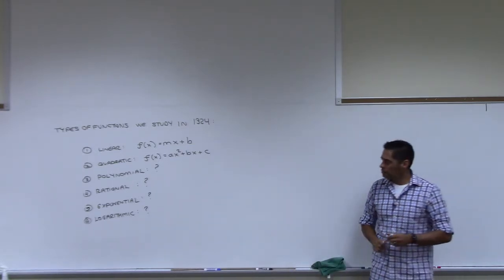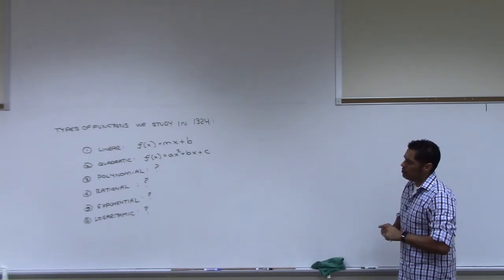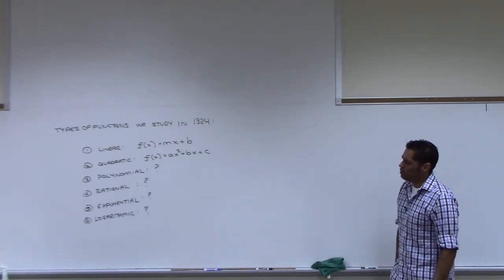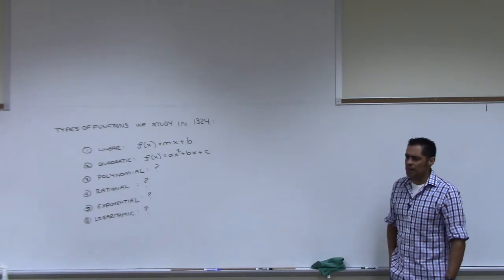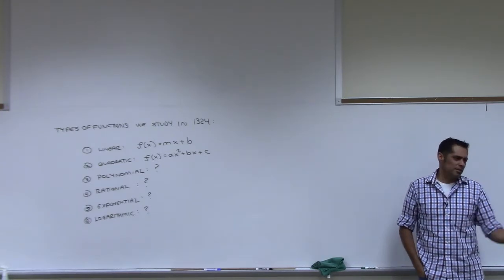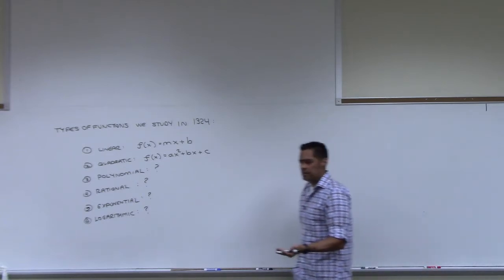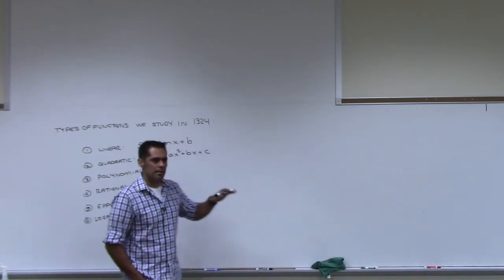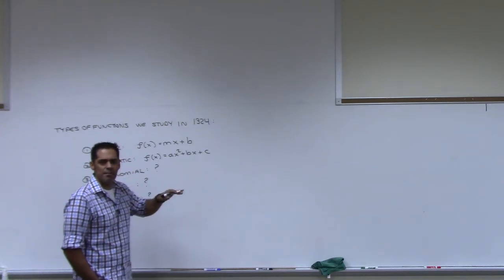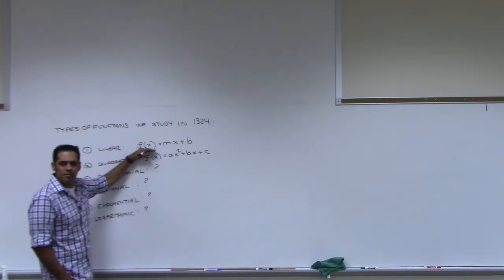All right? So I think to try and illustrate polynomial, you all know what the stock market is, right? If you were to try and describe that graph to me, would it look like a line to you?